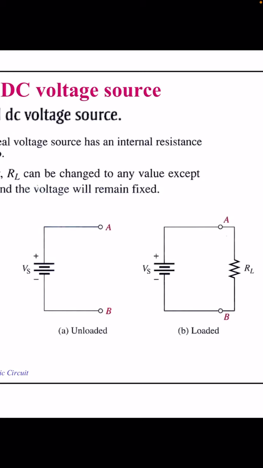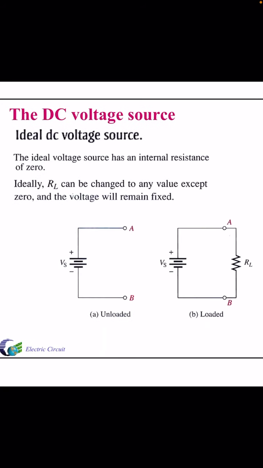The load terminals A and B are open, and on the right side, if RL is the load resistor connected to the terminals A and B, then the circuit is complete and some current will flow through the circuit, which is given by I equal to Vs upon RL, V upon R. So this is all about an ideal voltage source, and in this case there is no internal resistance. An ideal voltage source has 0 internal resistance.